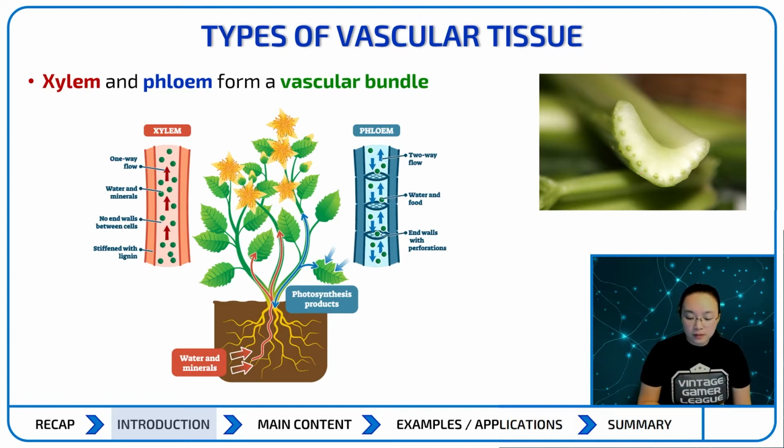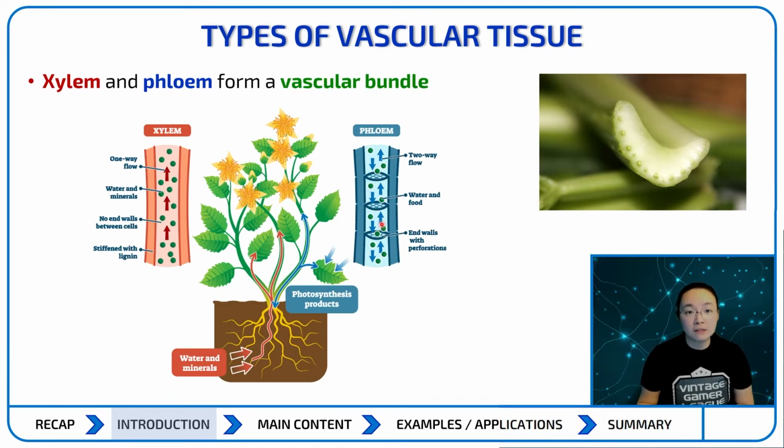Now, the difference between xylem and phloem: the primary function of xylem is to transport water and nutrients up in one direction, while phloem allows for two-way flow of water and nutrients. That's because xylem's main function is to deliver water to the plant, whereas phloem's main function is to transport nutrients around the plant.